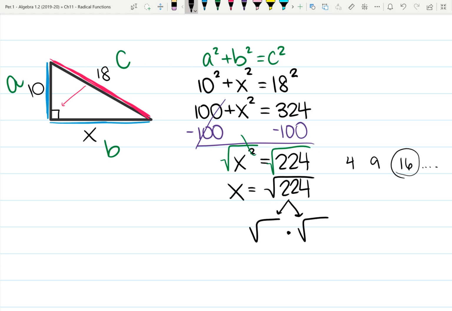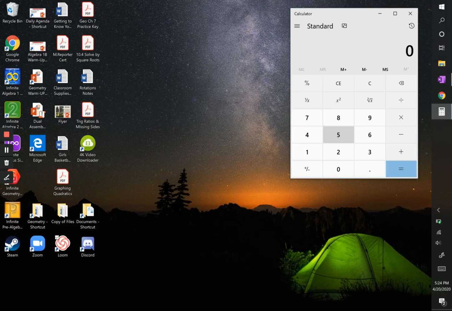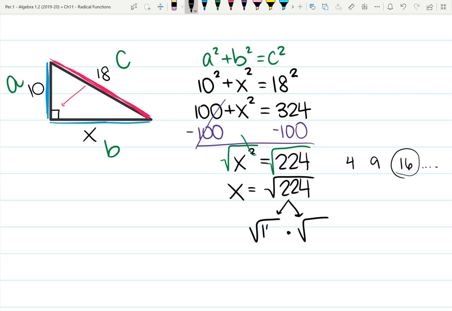Let's try it. Let me grab a calculator again and see if 224 can be divided by 16. Let me hit enter. 14. That's so much better because 16 and 14 means I have less steps to do.